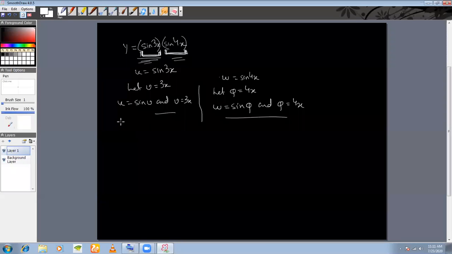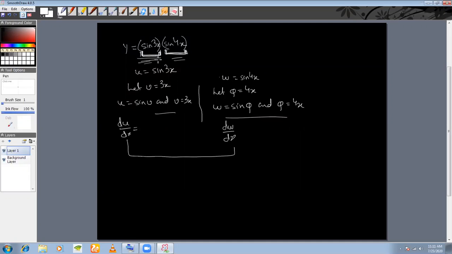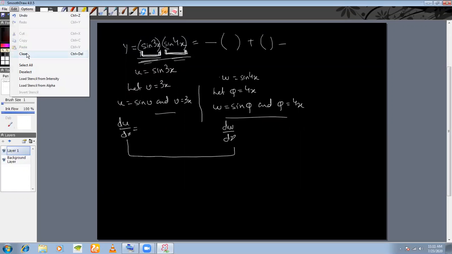Now from this chain you will have to find your du dx, and from this chain you will have to find dw dx, and then, not multiply, but in fact, you apply your u into v rule first here, and then you have to put the values. So it becomes a little tedious. Better to do it directly.